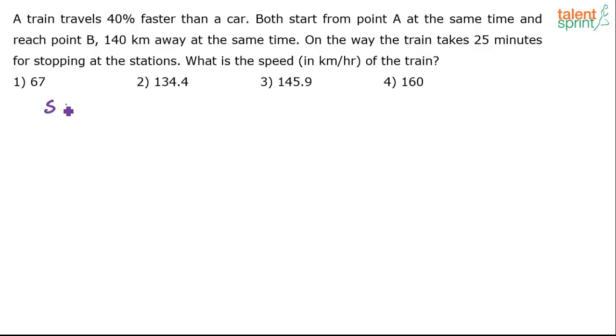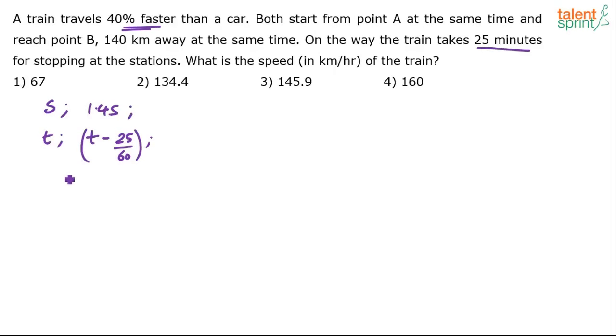Now let's assume speed of the car is s, which implies speed of the train will be 1.4 s because it travels 40% faster. Let's assume time taken by the car is t. So time taken by the train will be t minus 25 minutes because it stops for 25 minutes in various stations. But then convert this minutes to hours. It becomes t minus 25 by 60.